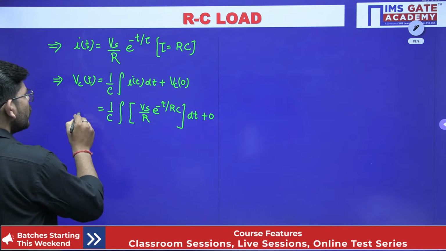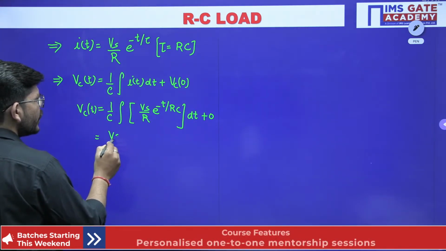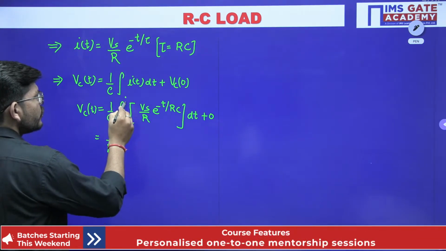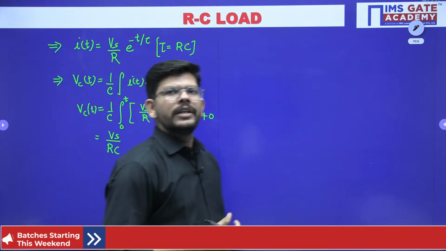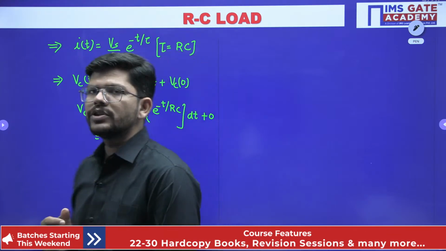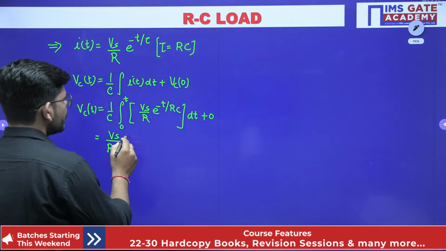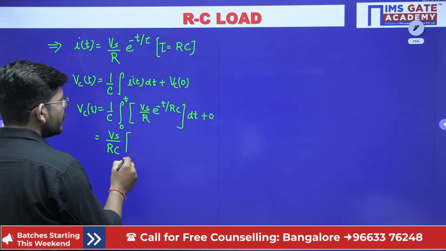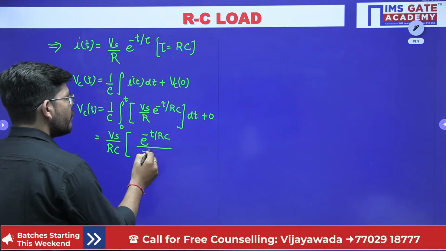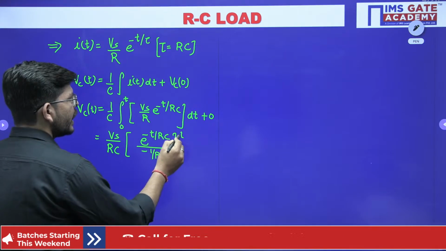Now we have to solve this equation. Just integrate this. Vs over RC I can take out, and the limits will be 0 to t, because we switched on this circuit at t equals 0. After integration we get e to the power minus t over RC upon minus 1 over RC, with limits 0 and t.